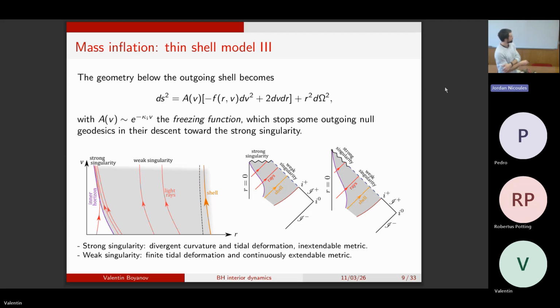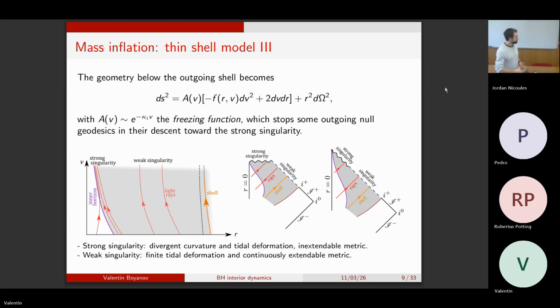Also, a strong singularity refers to the standard Schwarzschild-like singularity, where curvature scalars diverge and things that fall into it get destroyed. Whereas a weak singularity actually means that you still get divergence in curvature, but for an object that passes through the singularity, its overall integrated deformation, so the integration of the geodesic deviation equation, remains finite.